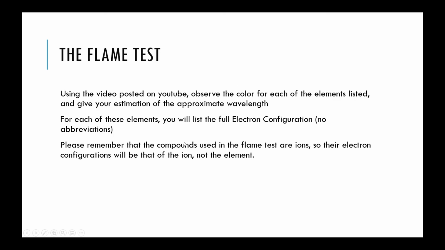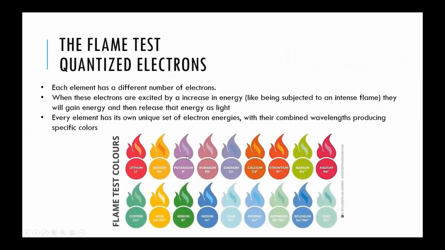These elements are solutions of chemical compounds, so please note that these are ions and not the actual elements themselves. The flame test is a way to qualitatively identify what metal ions are present in a sample.